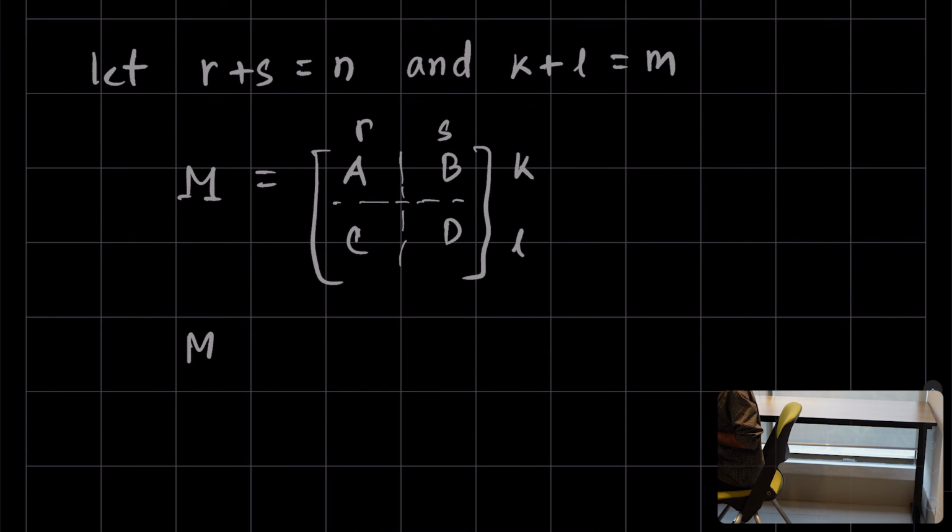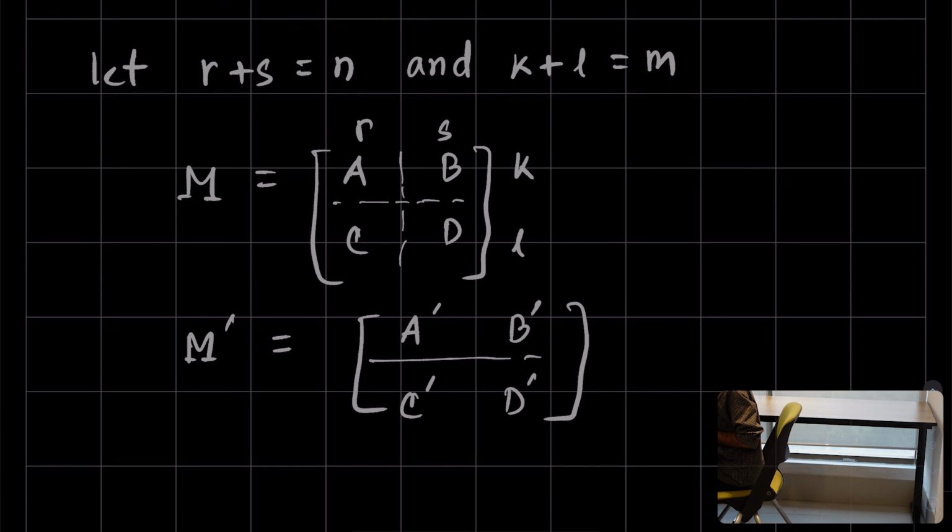And M prime is equal to A prime, B prime, C prime, D prime. Here, what is the number of rows in the matrices A prime and B prime?